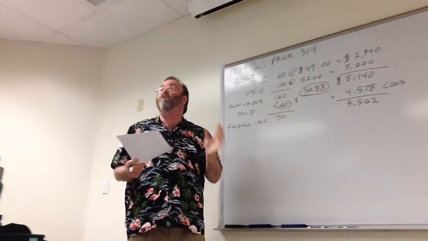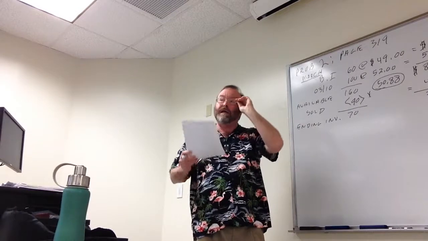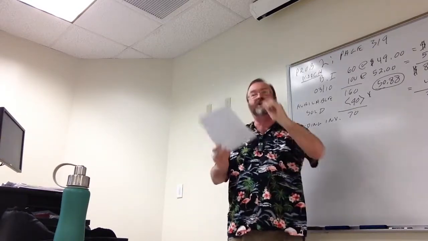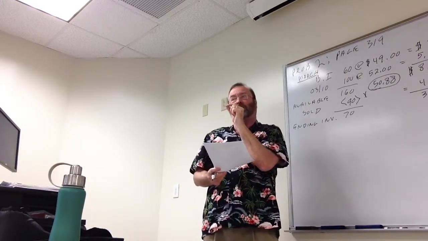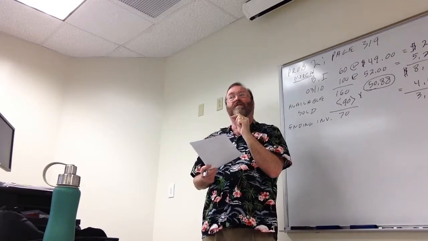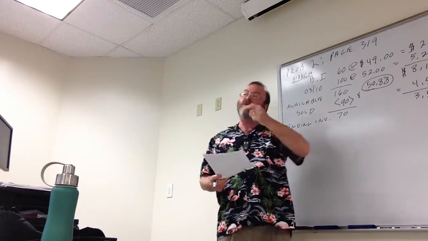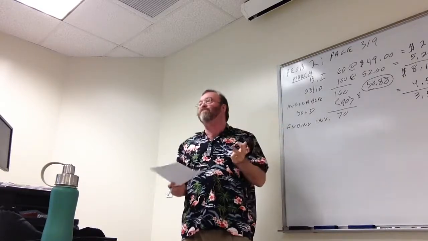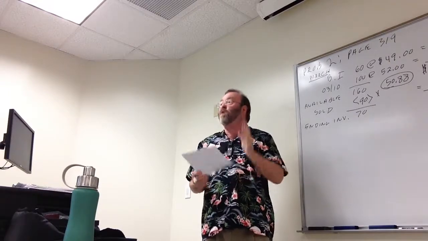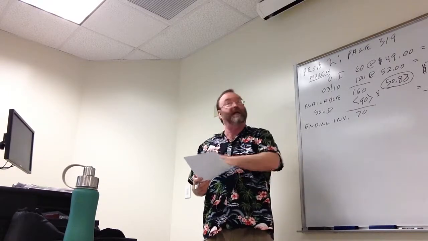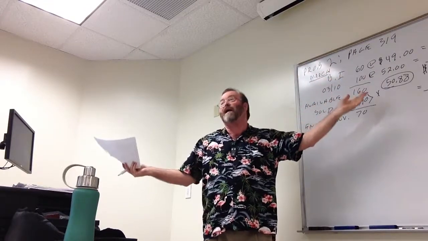So once we get to FIFO and LIFO, traditionally you're going to have fewer units in ending inventory than you will have sold. Hopefully, if you've got a decent business model, you're going to sell more than you still have on the shelf. So it's always simpler to calculate ending inventory because there'll be less of them. And once you have that dollar figure calculated, just subtract it from the total and you got the other number, cost of goods sold.